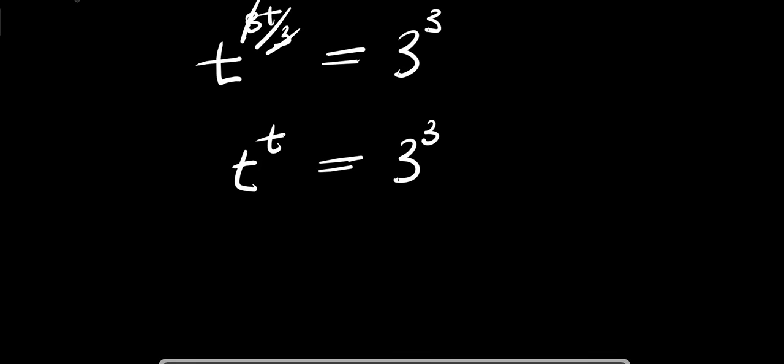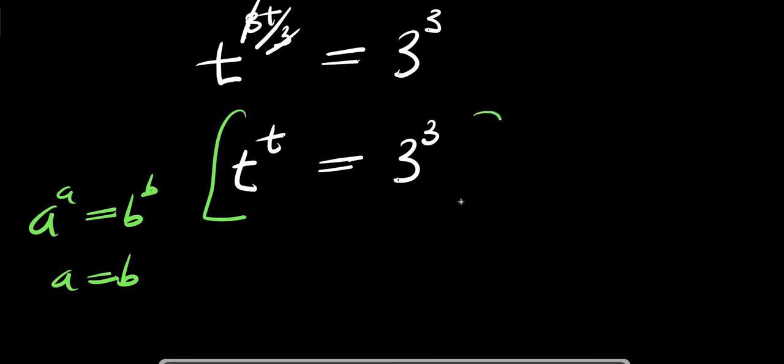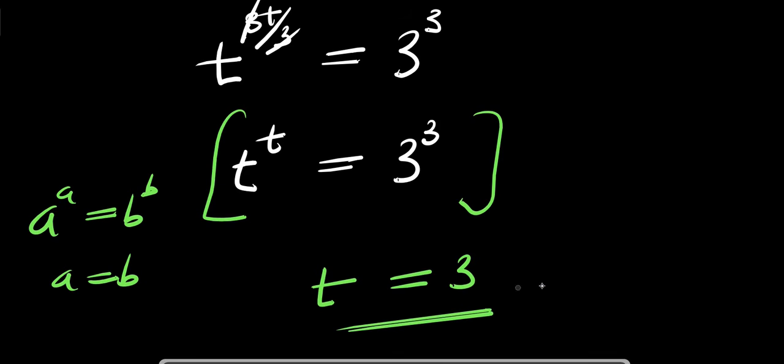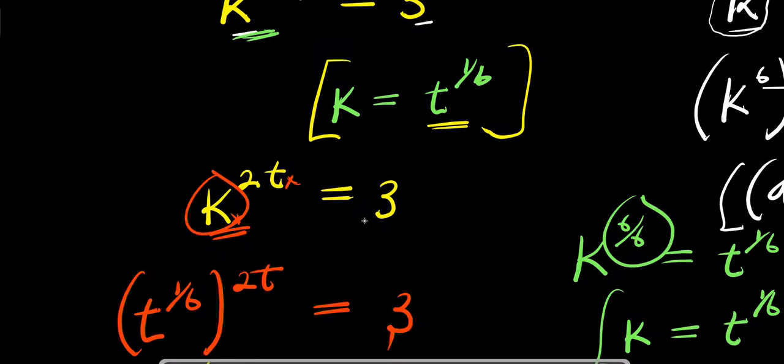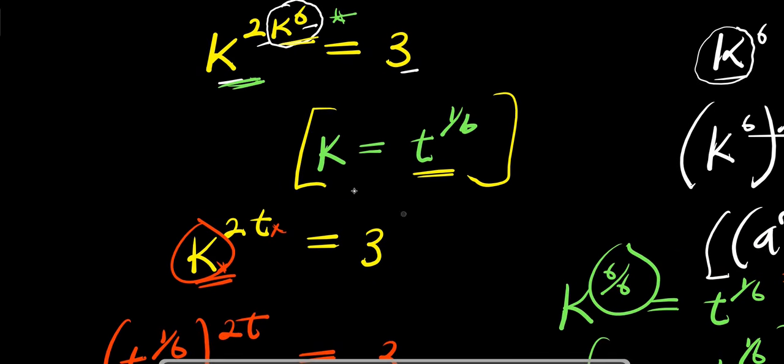So if you have a power a equals b power b, that means a equals b. So that means we have t equals 3. This is our t, but we are solving for k. So let's look for the equation that connects t and k, which is this: k equals t power 1 over 6.